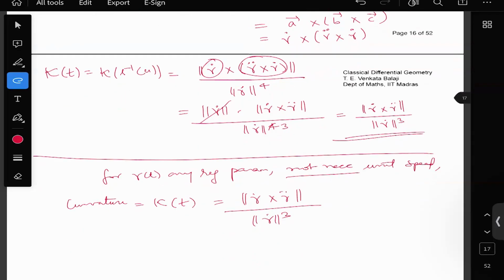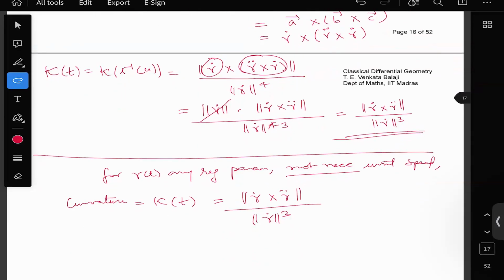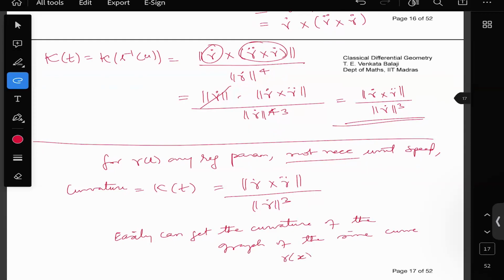Now you see the advantage of this formula: you can easily compute the curvature of the graph of the sine curve, gamma of x equal to x comma sin x.